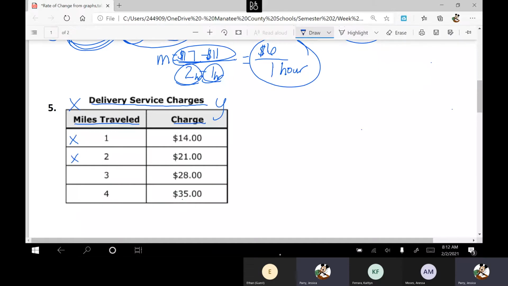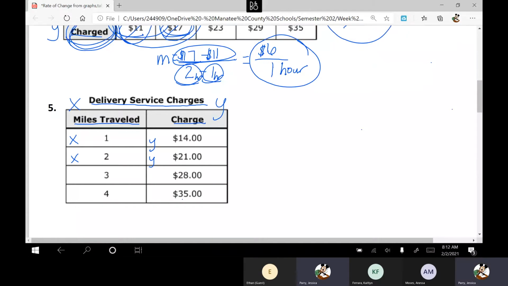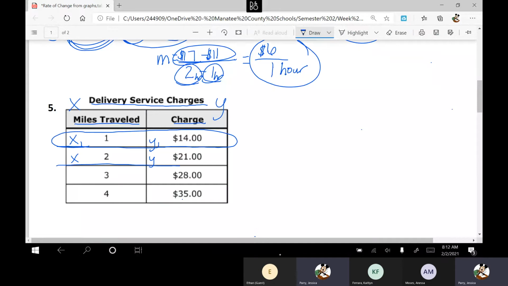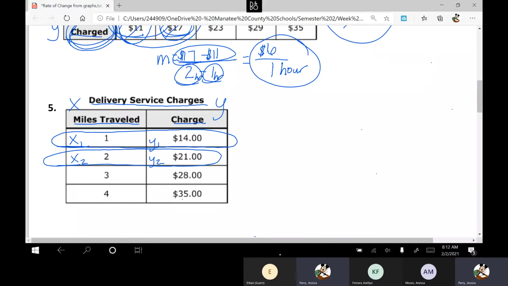So again, X's and Y's. Our first point is this top one, x1, y1. And then our second point, x2, y2. Again, we're plugging it into this formula, y2 minus y1 all over x2 minus x1.